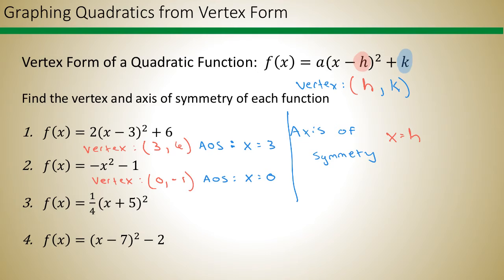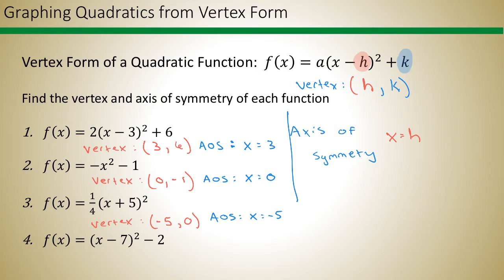Okay. The next one, our vertex, since I have a +5 on the inside, it's going to be -5. And there's nothing after the parentheses, so our Y value is actually 0. And then our axis of symmetry here would be X is equal to -5.